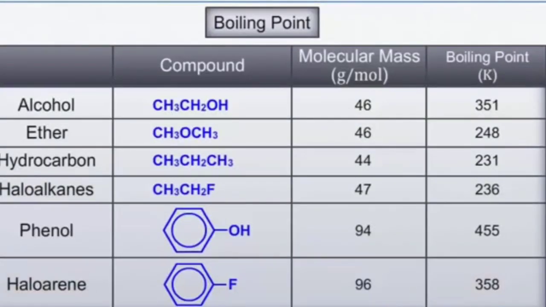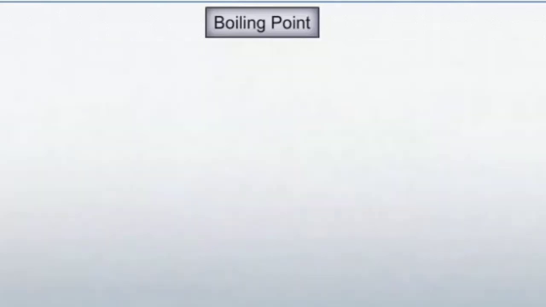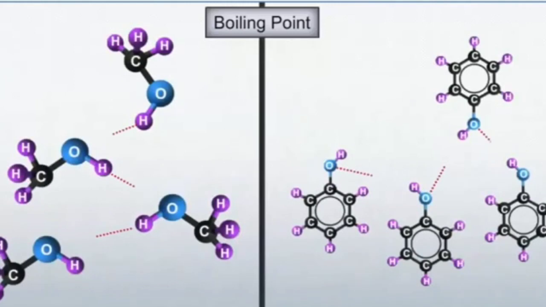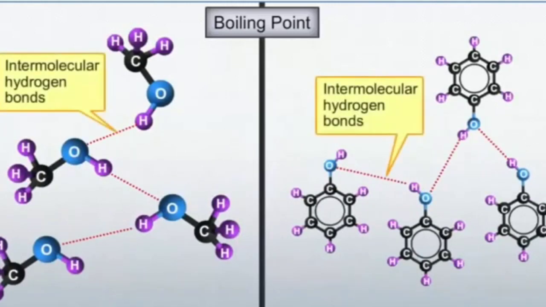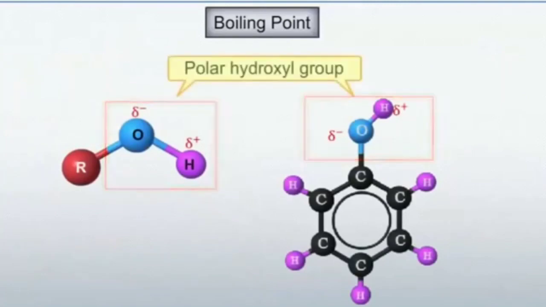For example, the boiling point of ethanol is considerably higher than that of methoxymethane or propane, although all three substances have very similar molecular masses. Both alcohols and phenols can participate in intermolecular hydrogen bonds due to the presence of the polar hydroxyl group.